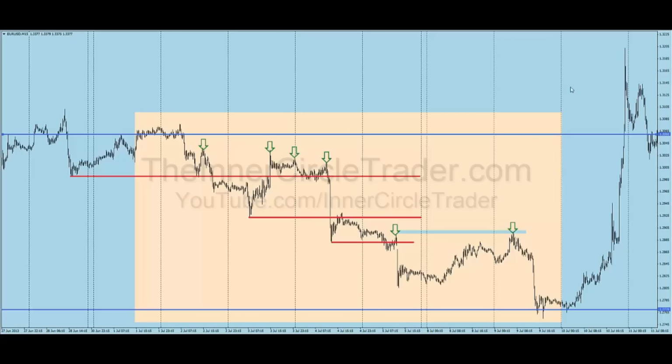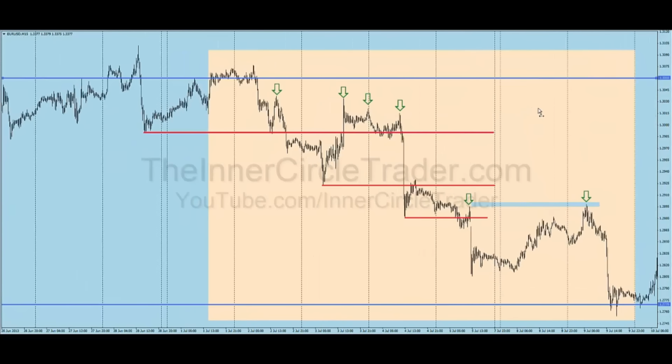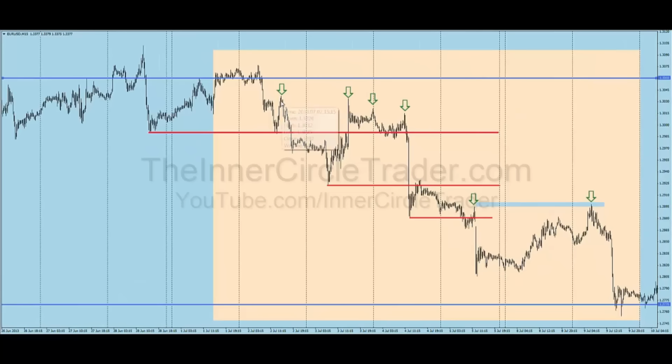Okay, let's look at these specific times when price moved. This high here takes place at 1500 GMT. This high here takes place at 1500 GMT.